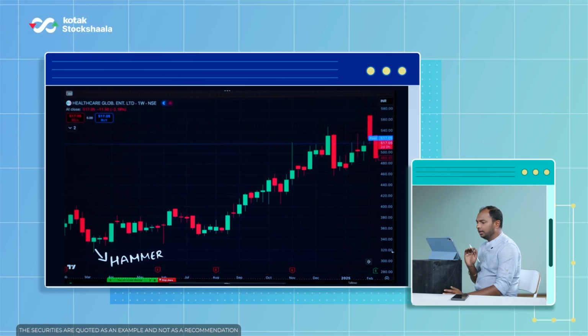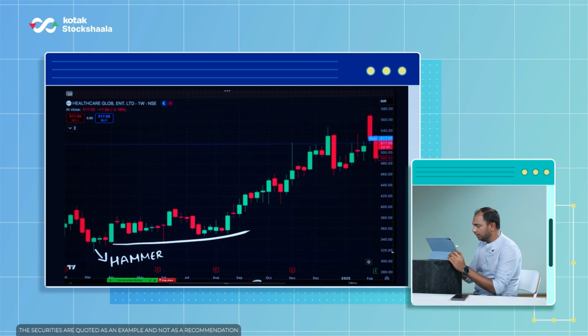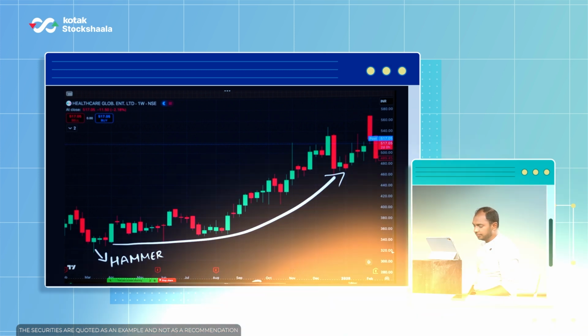I have taken an example of HCG on the weekly time frame, and here, as you can see, I have marked the hammer that was appearing after a specific downtrend. Now after this, as you can see, the stock has rallied to the top, and that is exactly how a hammer shows you that the downtrend has stopped and now it's going to be an uptrend in the upcoming days.